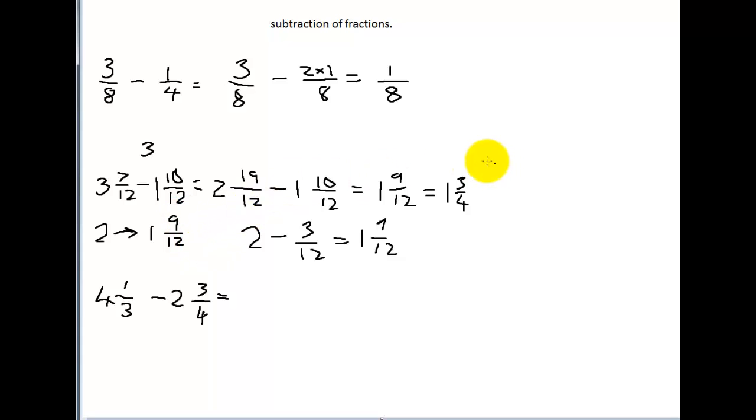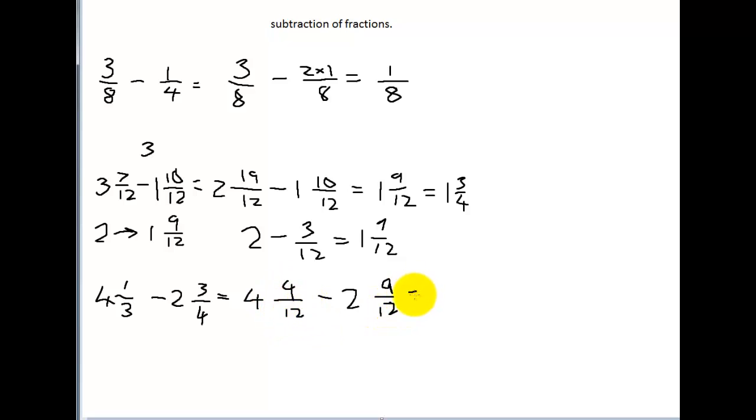Doing it the top way, first of all you need to find the common denominator, which in this case is 12, so you must rewrite it with that. Again, this number here, 9, is greater than 4, so you need to add 1 to here, and 1 is 12 over 12.